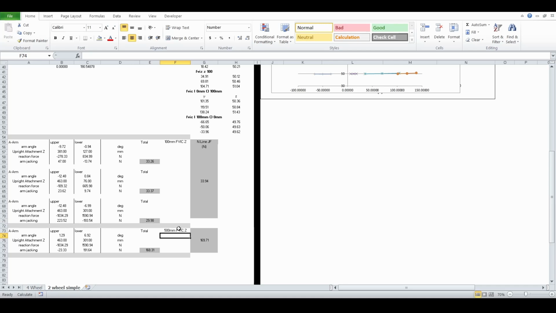Then I did one example where I took the instant center Z height and changed it to 500 millimeters. And I got 168 calculating jacking force through the A-arms, and with the end lines 169.7. So the end line is an approximation because it doesn't actually look at the A-arms themselves.